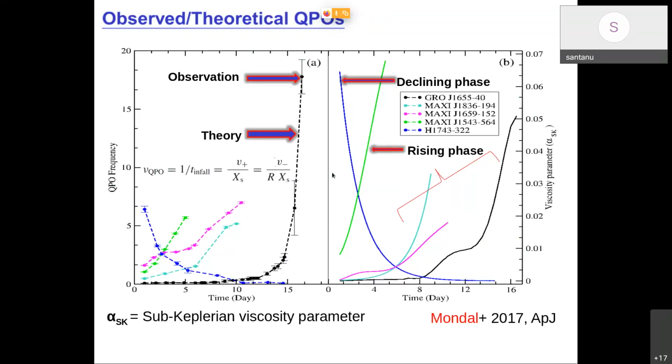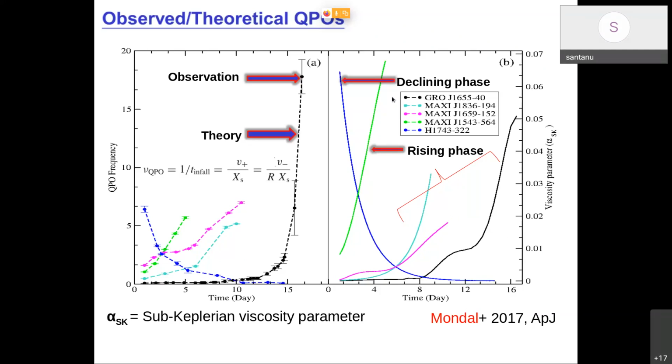So once we have estimated this viscosity parameter, we saw that it increases during the rising phase. Viscosity increases monotonically. As you can see, these black, pink and cyan lines are basically the rising phase viscosity.